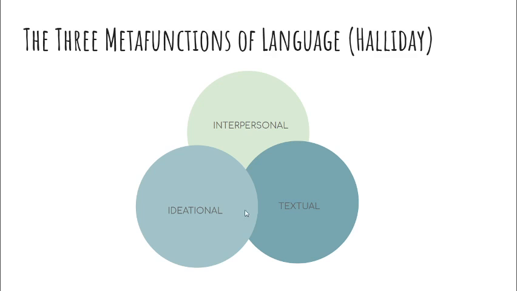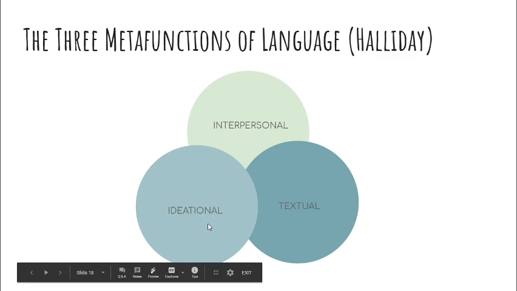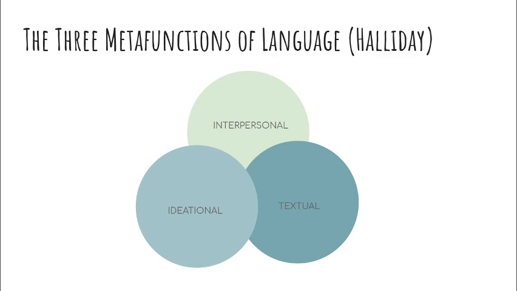When we talk about the ideational, it is also known as representational. This is referring to the natural world, to the consciousness and representations of language. So what do we mean by that? It focuses on the semiotic function of constructing meaning.